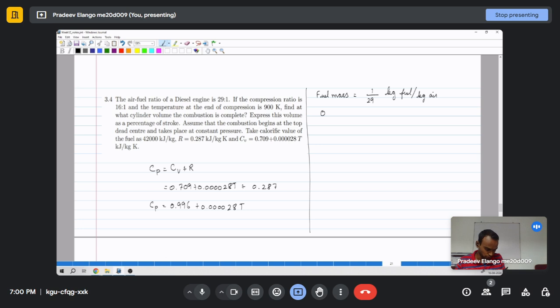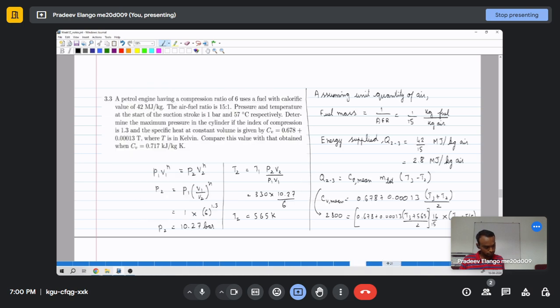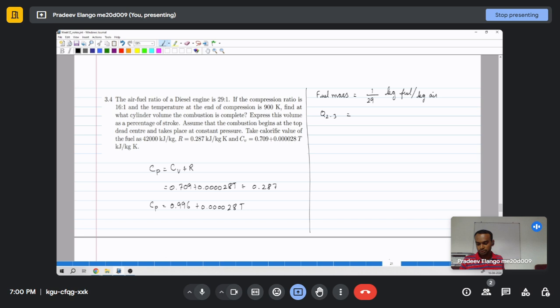So Q23, the energy given in the cycle, is 42,000 divided by 29 kilojoule per kilogram of air.